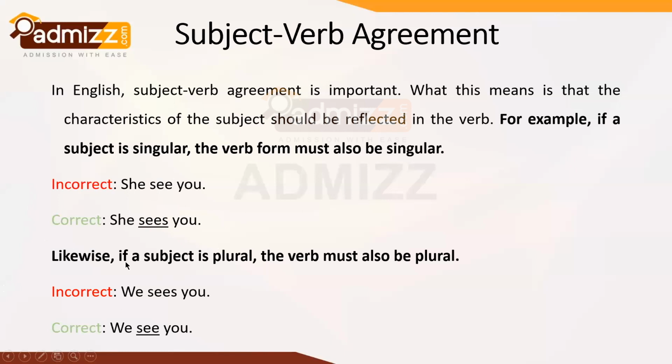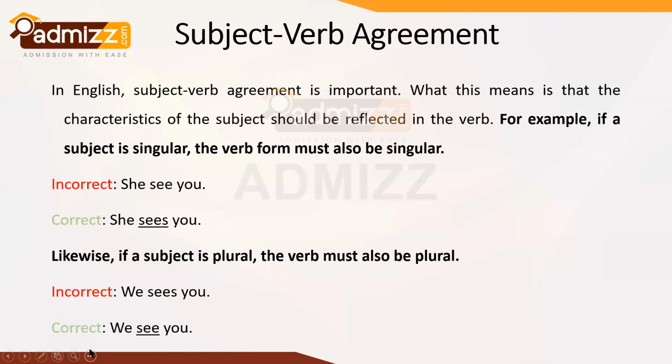In the same way, if the subject is plural, the verb must also be plural. Makes sense. Singular, singular, plural, plural. Read this sentence: we sees you. It does not really make sense grammatically. I mean, it may convey a particular message that you are being seen, but it does not sound correct at all.